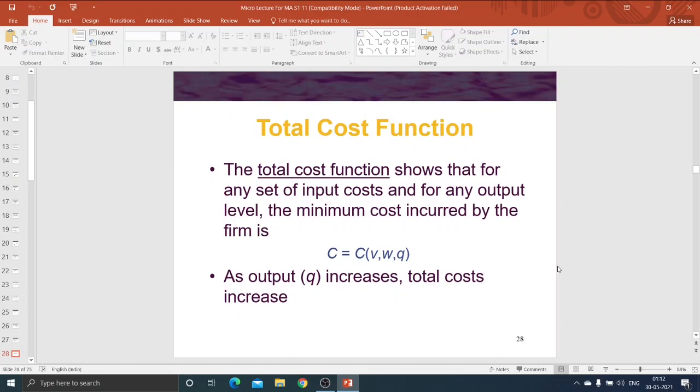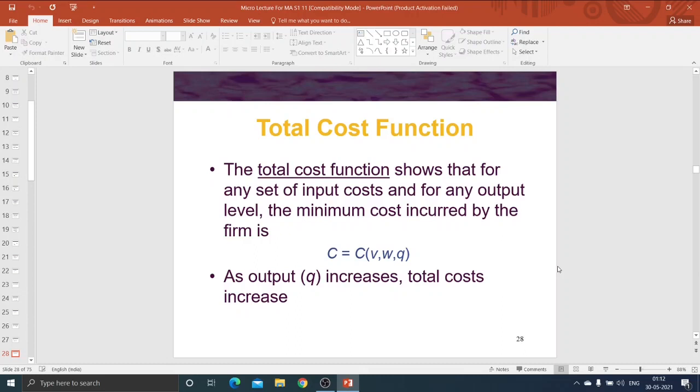The total cost function shows that for any set of input costs and for any output level, the minimum cost incurred by the firm is C = C(W, V, Q). As output Q increases, total cost also will increase. This is why you have to have a Q there.